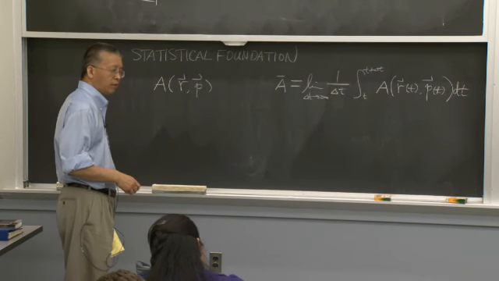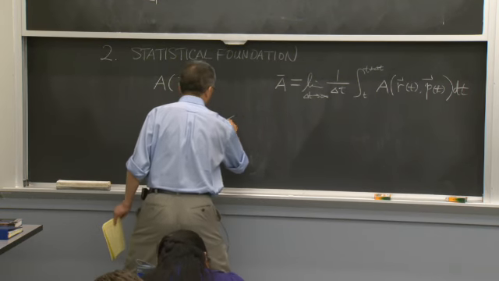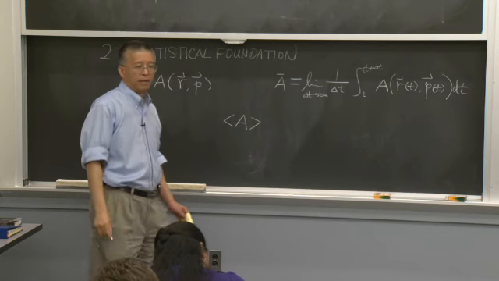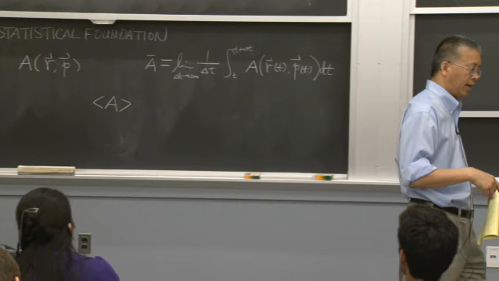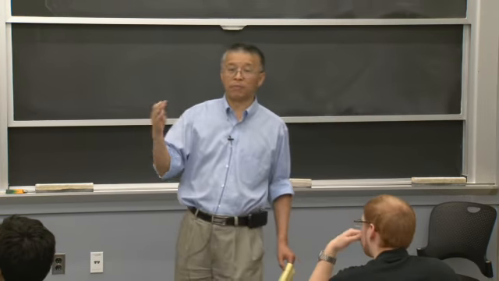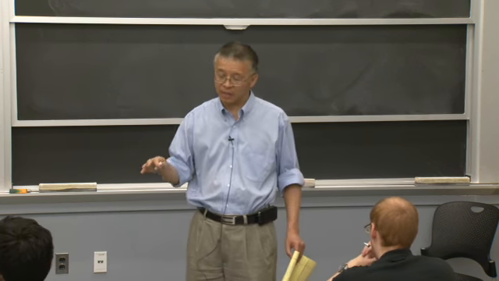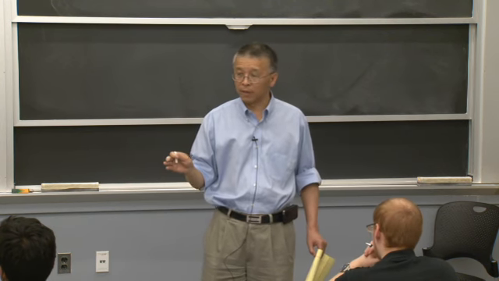And then when I do the ensemble average, I use a bracket for the ensemble average of this quantity. And remember, for the ensemble average I look at the probability function, right? We say for the microcanonical ensemble, each system in the ensemble has equal probability.